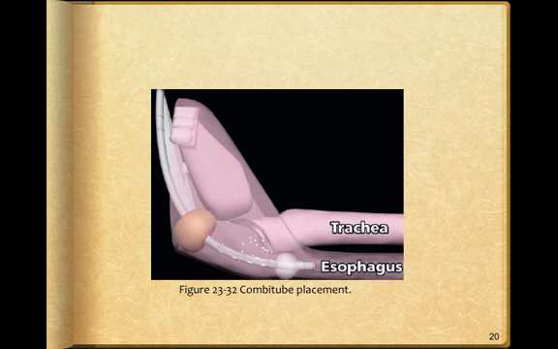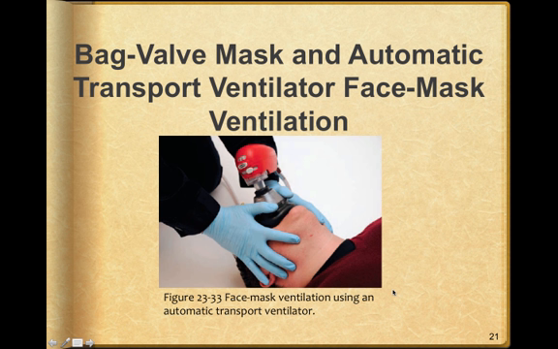This here is the combitube and its placement, and there's a bunch of holes in here. Once these balloons are inflated appropriately and the tube is ventilated, air will go into the trachea and cause rise and fall of the chest.